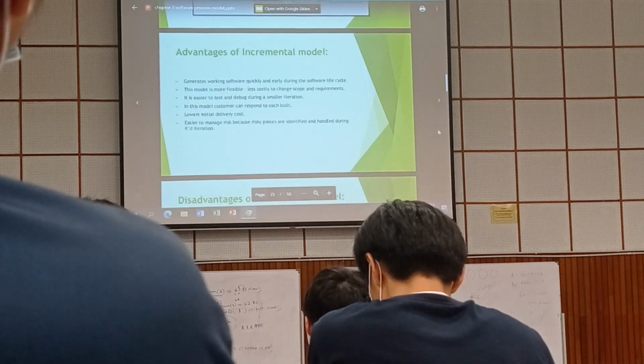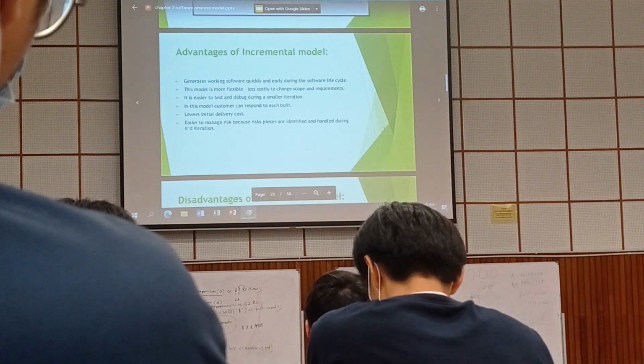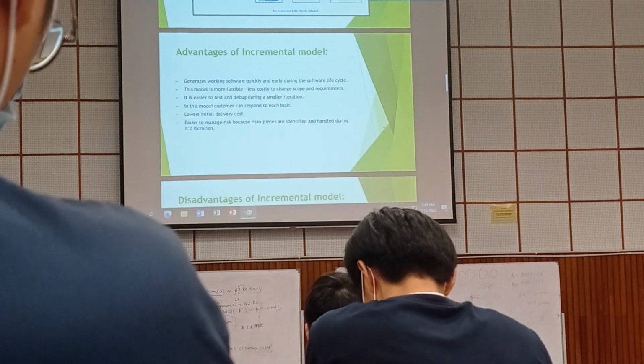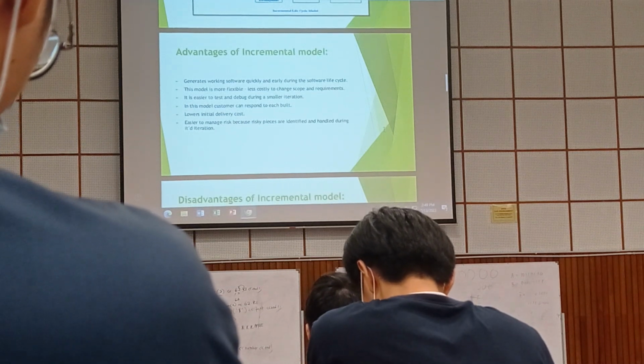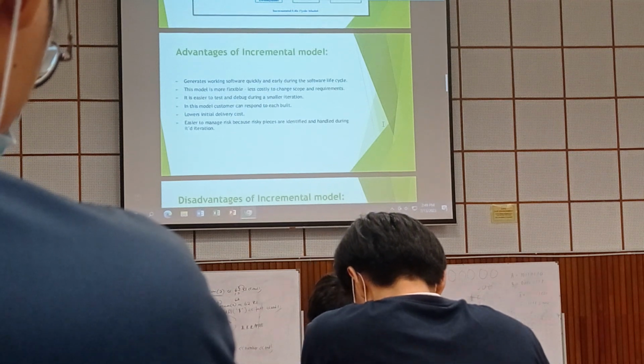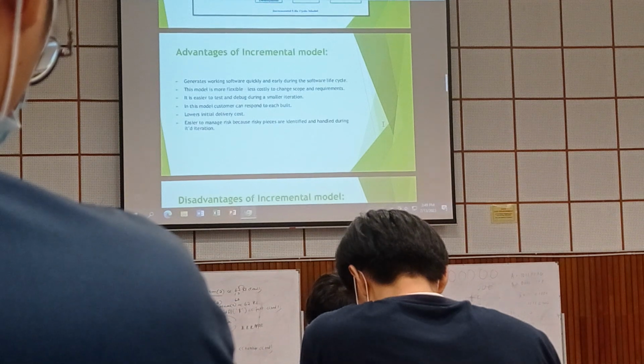Next, the advantages here are that it generates working software quickly and early during the software life cycle. The model is more flexible because it's very flexible. It is less costly to change scopes and requirements. It is easier to test and debug during a small iteration. Why is it easier? Because you're just doing a small component, right? It's easy for you to find the bugs, isn't it?